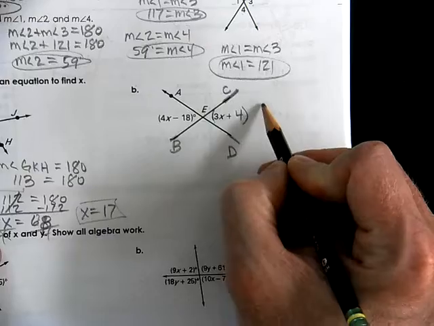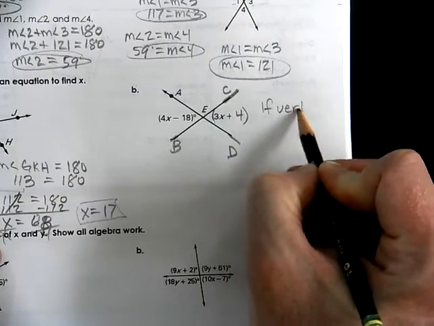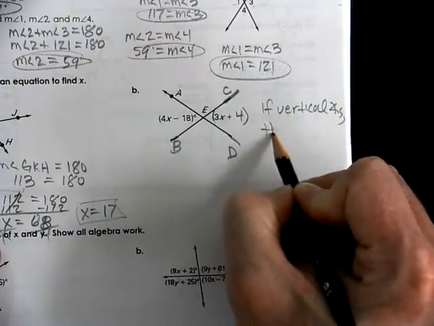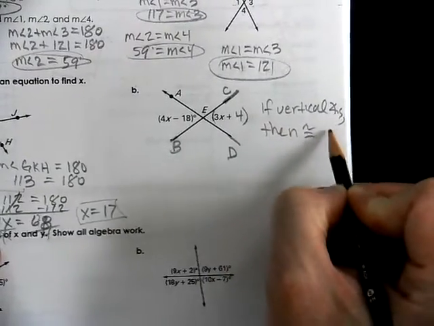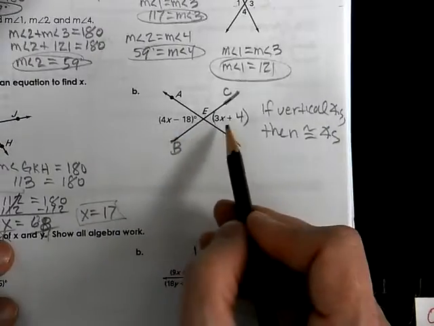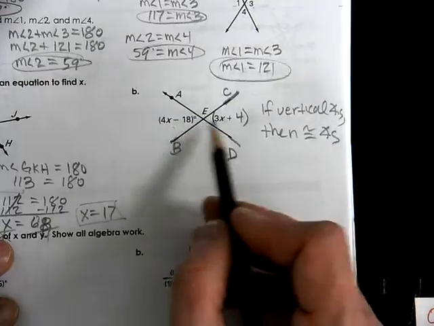And what we know is if vertical angles, then congruent angles. So we know that these two angles are going to be congruent to each other. They're going to be equal in measure.